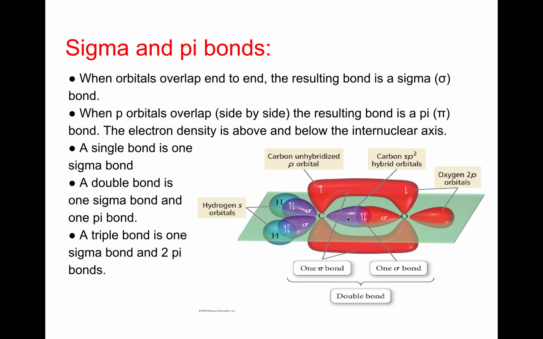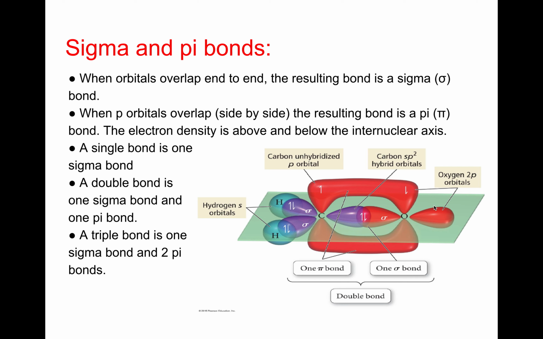Over here, we have the sigma bond of 1 sp2 hybrid orbital and 1 unhybridized p orbital from the oxygen. Again, this overlap, this end-to-end overlap is a sigma bond. Sigma bond, sigma bond.